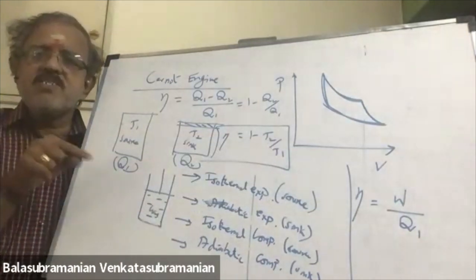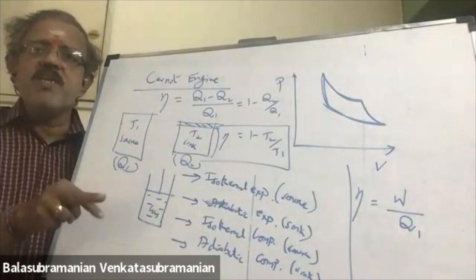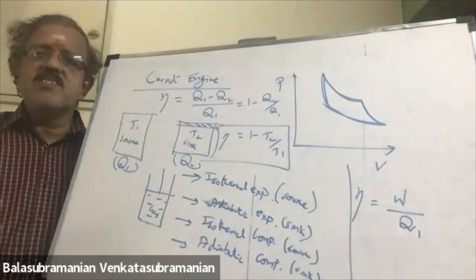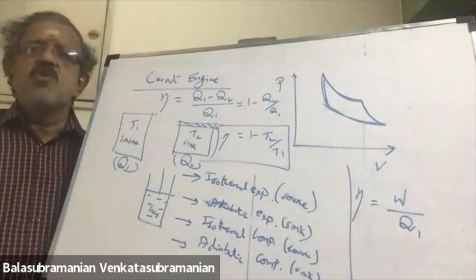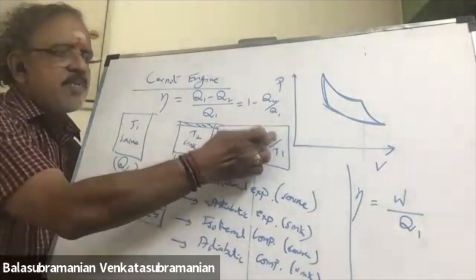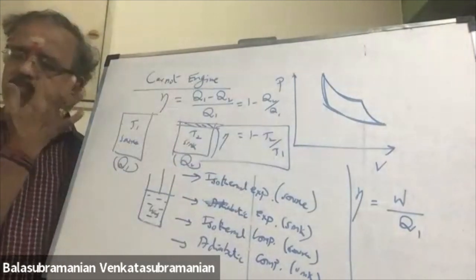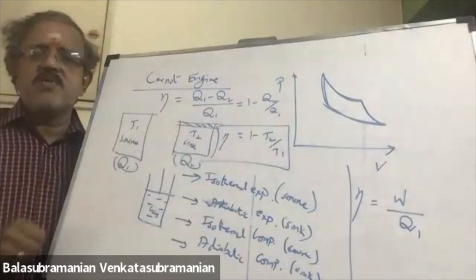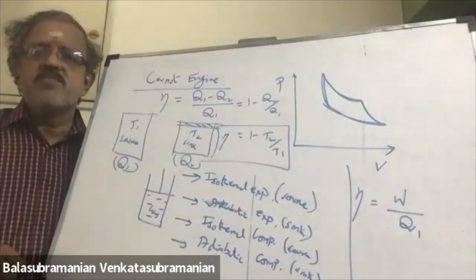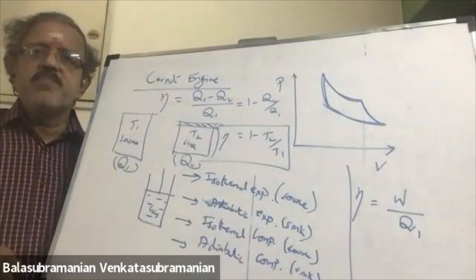T2 is the temperature of the sink, 0 Kelvin. By the kinetic theory of gases, 0 Kelvin is impossible. So you will never get T2 as 0 Kelvin. That is first. Second one, source temperature T1.